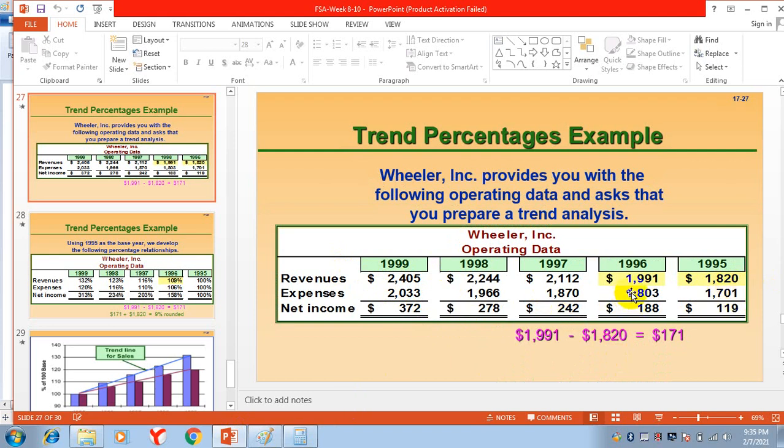Similarly, for expenses, 1996: the base year will become 100%.